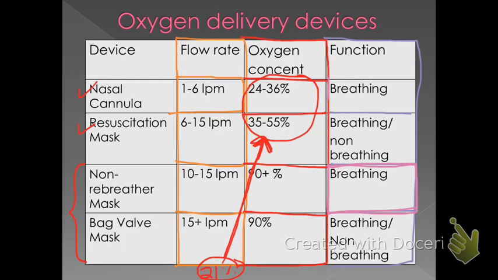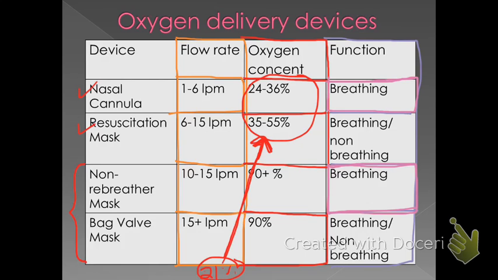And the nasal cannula, obviously, goes into the nasal cavity, and it requires our patient to have the ability to inhale in order to deliver oxygen. So again, not only do we have to worry about oxygen concentration percent, but we also have to worry about whether or not the device can be used on a conscious and an unconscious patient.